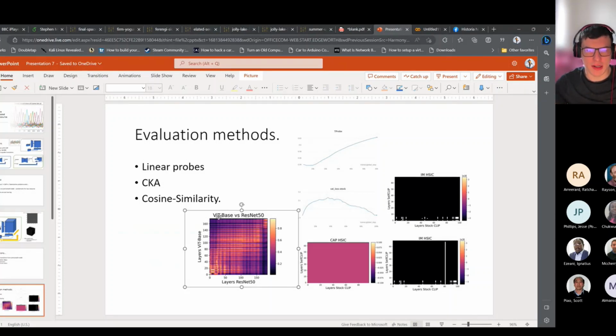And the fact that one is a transformer and one is a convolutional network, if I'm not mistaken, is borne out in this quite grid-like structure, where both of them have either convolutional or key, query, answer sets of layers, and therefore both have these regular vertical and horizontal lines that match.